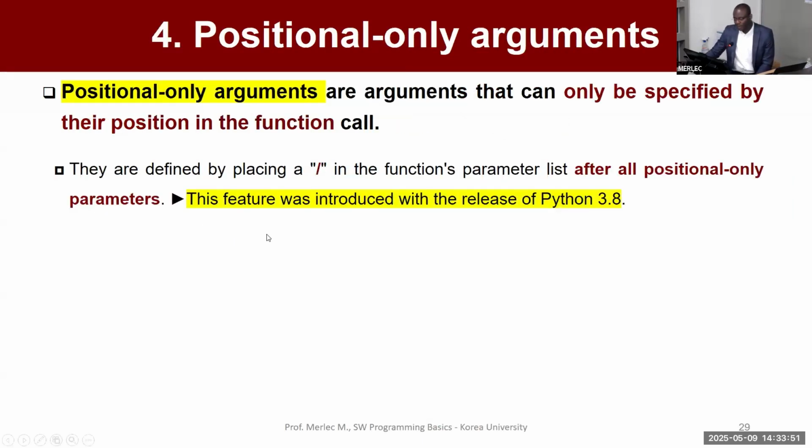The next category of arguments is the positional only arguments. With the positional only arguments, we specify the position of the arguments that will be sent to the function when it will be called. For this, basically, we define by placing this slash in the function parameters for all positional only parameters.